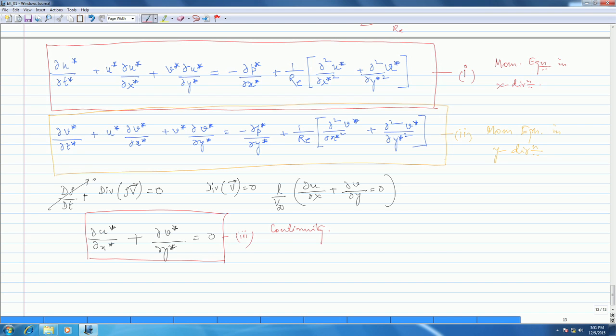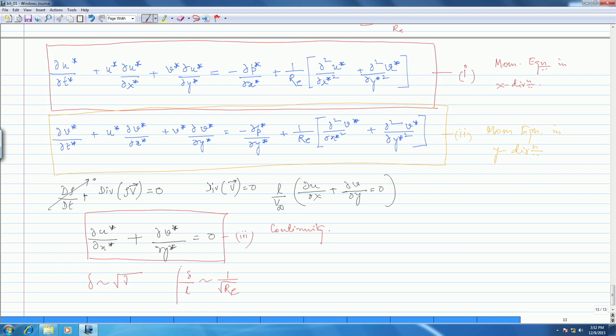Let us bring in a little bit of our knowledge of boundary layers so far. We have said that the boundary layer thickness is a function of kinematic viscosity, and delta by L is a function of 1 by root of Re. And of course, delta is much smaller than L. What does this tell you?